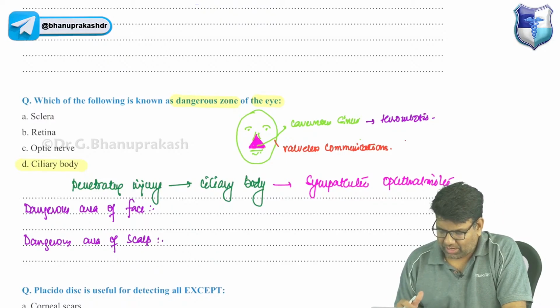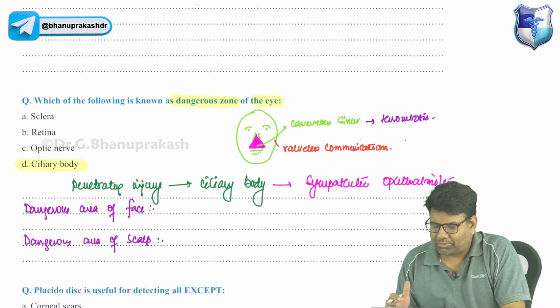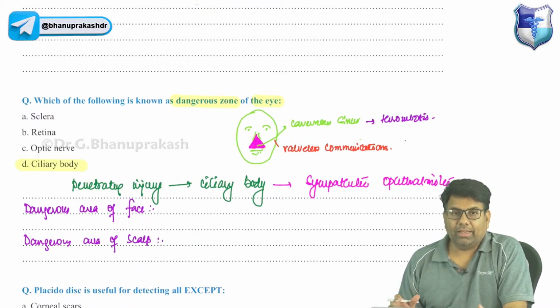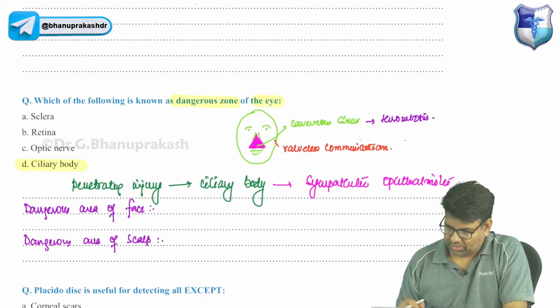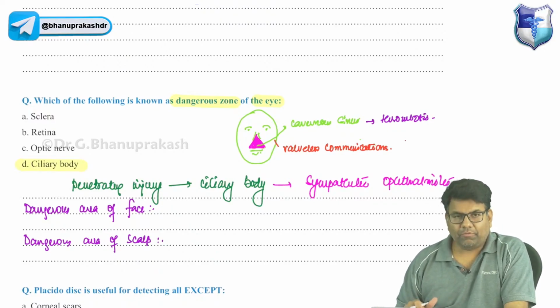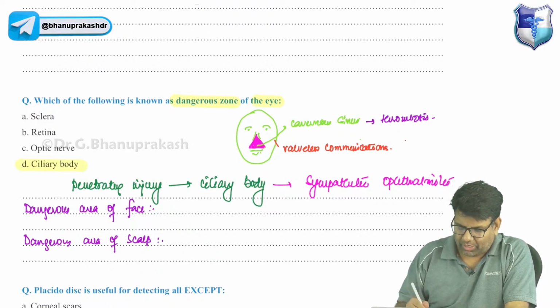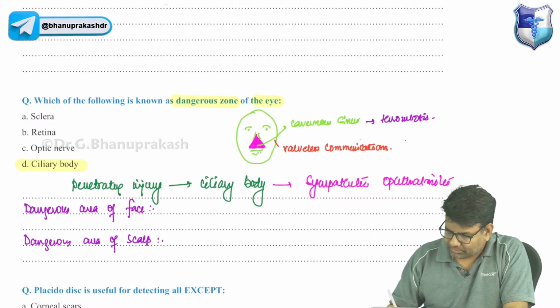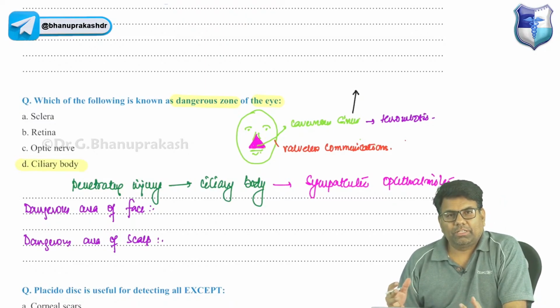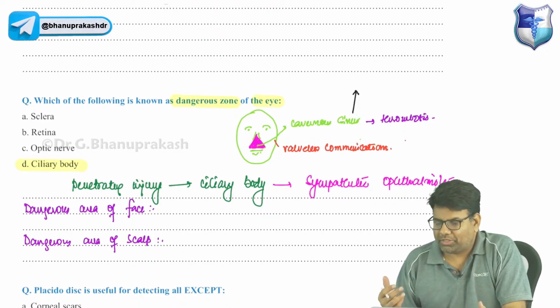So infection anywhere from here can directly reach cavernous sinus, resulting in cavernous sinus thrombosis. So any infection in this particular area should be promptly treated, to avoid any possibility of cavernous sinus thrombosis. Now my question is, what is that important clinical feature which suggests possibility of cavernous sinus thrombosis in a patient?